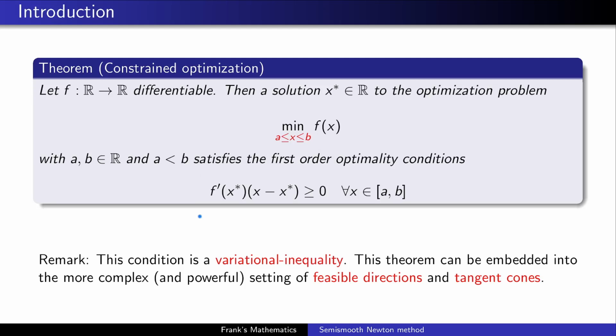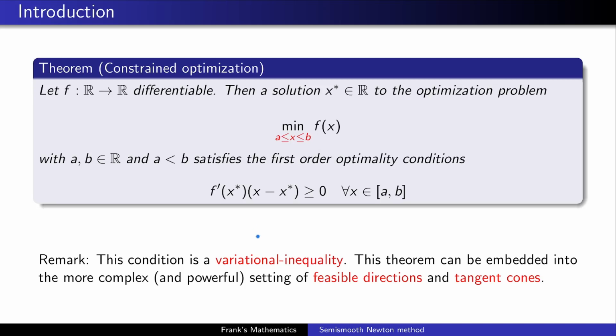If you're interested, just fire up Google and put variational inequality in it and you will get a lot of results. And again, this result can of course be embedded into the way more complex and way more powerful setting of feasible directions and tangent cones. In general, cones are very common in the theory of optimization because they're a very useful tool to tackle constraint optimization, or optimization problems in general.